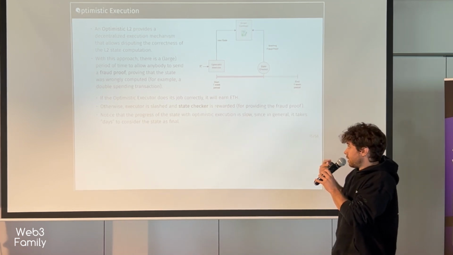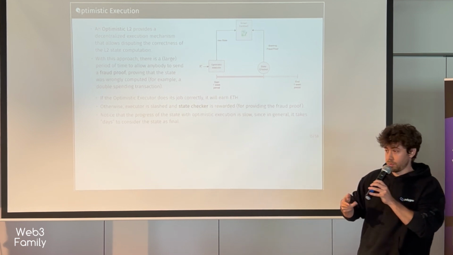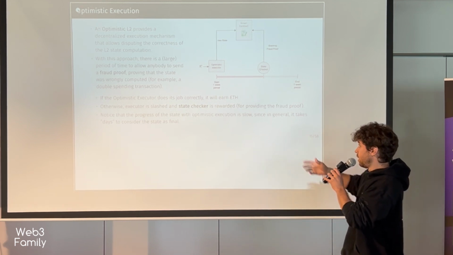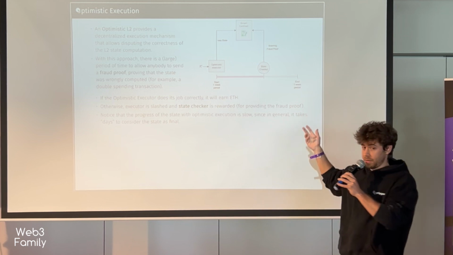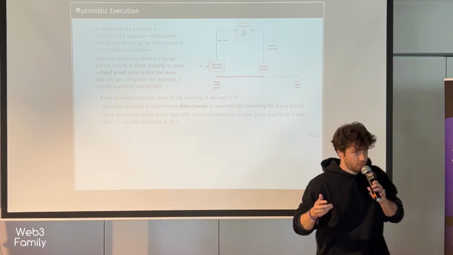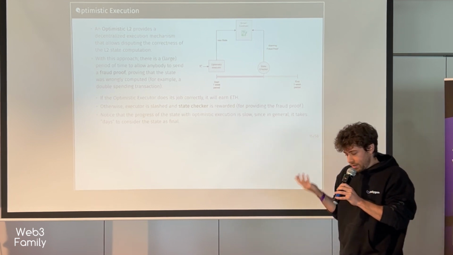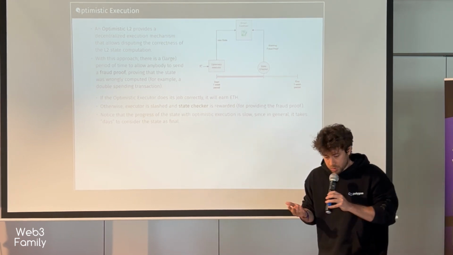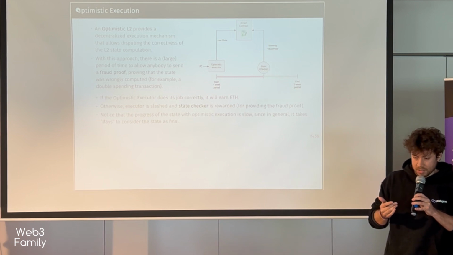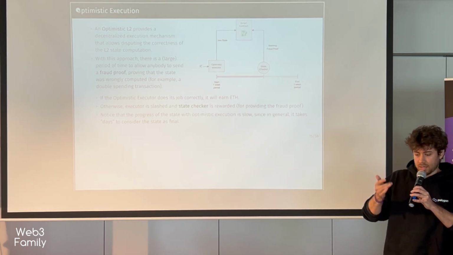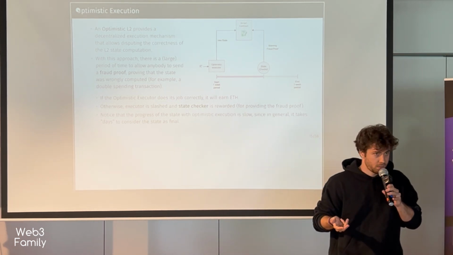So our transaction, our batch, our computation will only be final once this week period or 3 days period or whatever has finished. So we really need a new approach to get fast and trustless final execution.